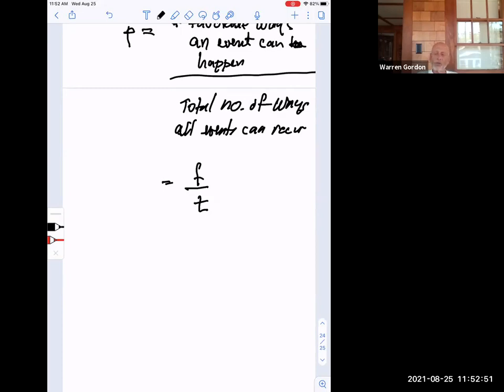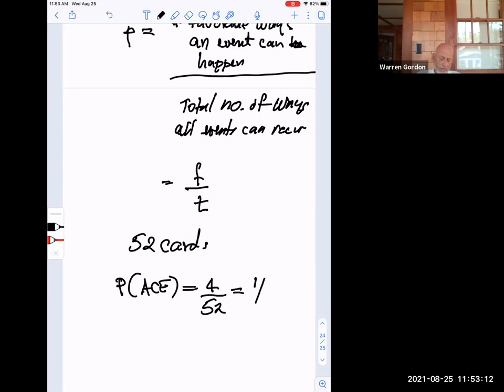For example, if you have a deck of cards, suppose you have 52 cards, an ordinary deck of cards, what's the probability that you draw an ace? Well, how many aces are there in the deck? 4. And there are a total of 52 cards. It would just be 1 over 13.